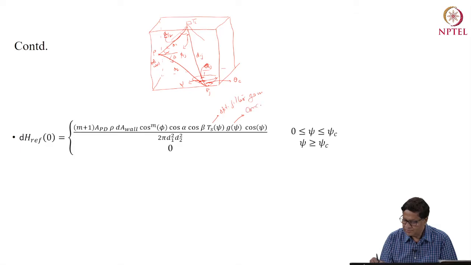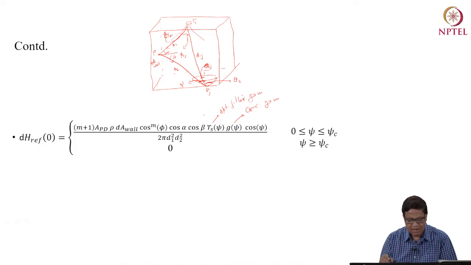Concentrator gain. And cos psi, this psi angle, which is the reflected ray with the normal at the photodiode, and divided by 2 pi, these two distances. Earlier it was d square when I was considering line of sight. Now there are two distances involved, so this will become 2 pi d1 square d2 square.